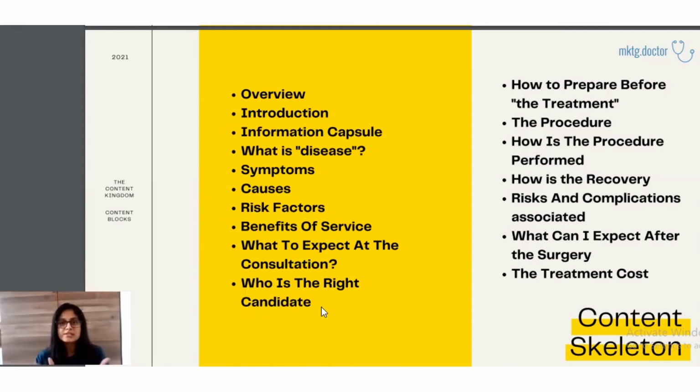These are the points that are contained in the content skeleton. We use this skeleton to divide the content into parts and to create a flow of thought, or flow of information. Now that we have seen what content blocks are, everybody might wonder what the use of these content blocks is. Content blocks can be beneficial for you as medical practitioners because you might be able to garner a lot of organic traffic to your websites.